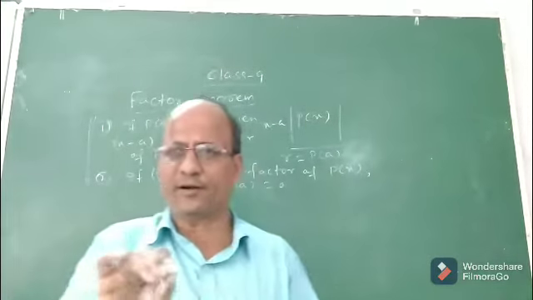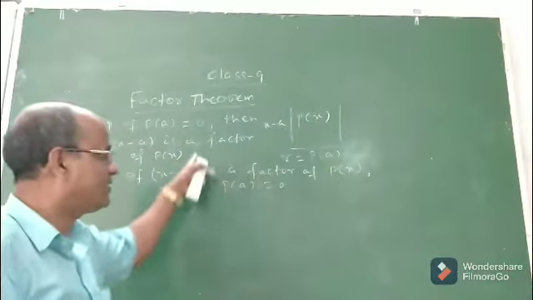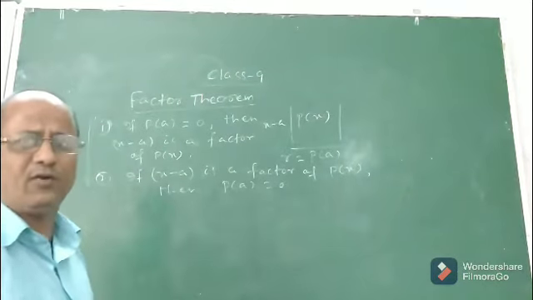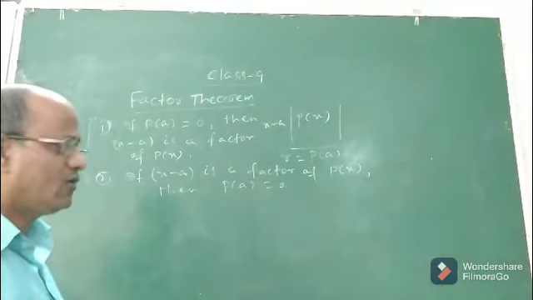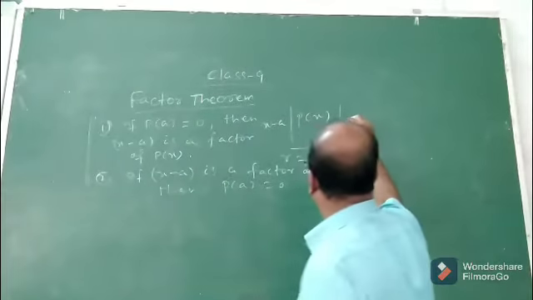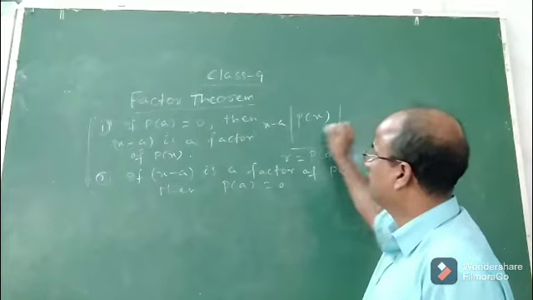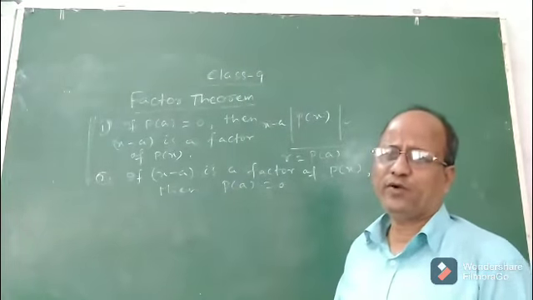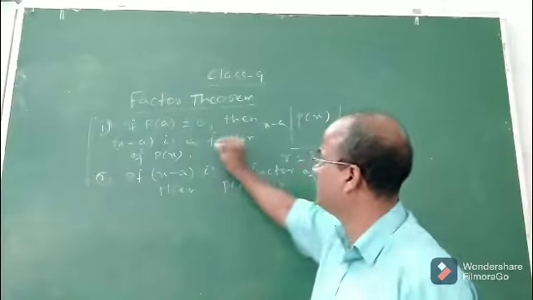Actually, the proof is not necessary at this stage. We will simply apply the concept of the factor theorem to problems. How will we apply that? I will discuss now. Children, I discussed what the remainder theorem is and what the factor theorem is. Now the point is, where do we find application of the remainder theorem and the factor theorem?